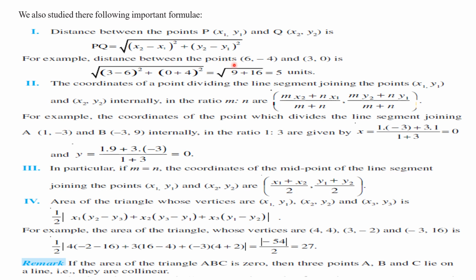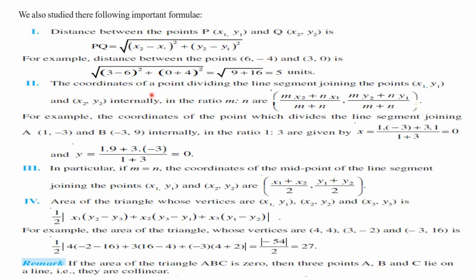The distance between the points (6, minus 4) and (3, 0) is: what is x1 here? 6. What is y1? Minus 4. What is x2? 3. And y2? 0. We assume this is x1 and y1. In the second ordered pair, the first number is considered as x2 and the second number as y2.